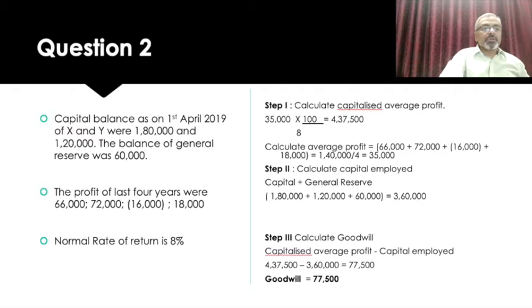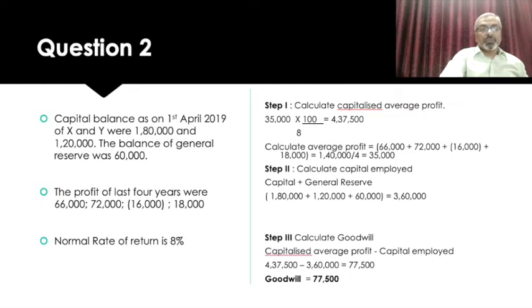The balance of general reserve is also given as 60,000, and the profit of the last 4 years are given to us. 66,000 was the profit for the first year, 72,000 was the profit for the second year. There is a loss of 16,000 in the third year, and there is a profit of 18,000 in the fourth year. So we are given last 4 years profit, and out of which 1 year there is a loss of 16,000. The normal rate of return is given as 8%.